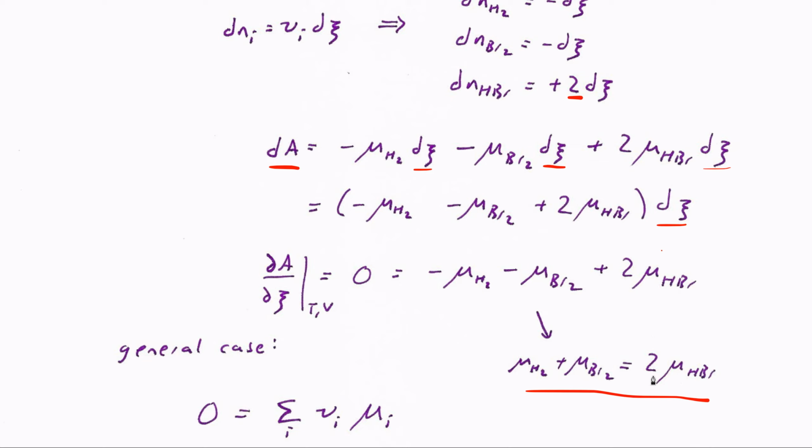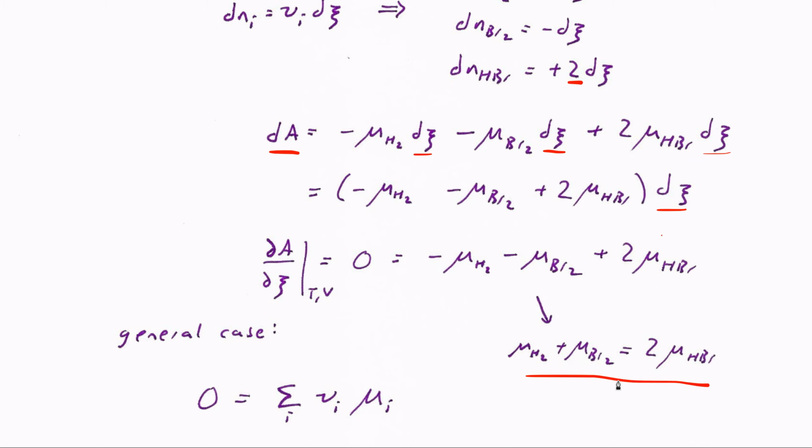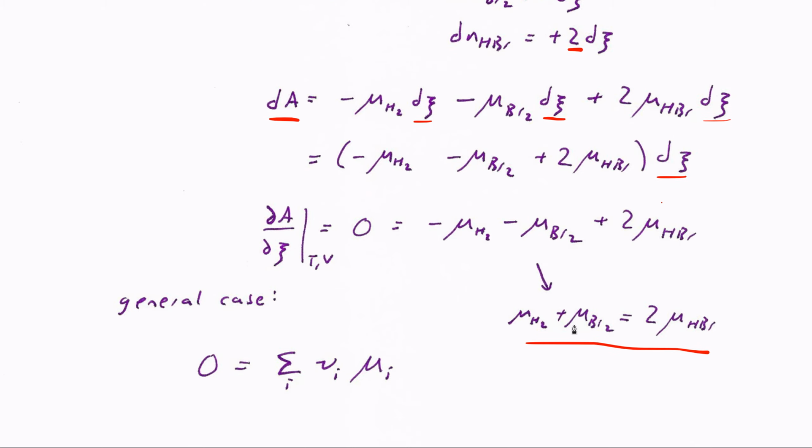If I move the reaction slightly forward, converting one H2 and one Br2 into 2 HBrs, the chemical potential of the whole system hasn't changed. Likewise, if I move it backwards, converting 2 HBrs into one Br2 and one H2, there's no change in the chemical potential. So in this case, we found this specific result for the H2 and Br2 reaction.